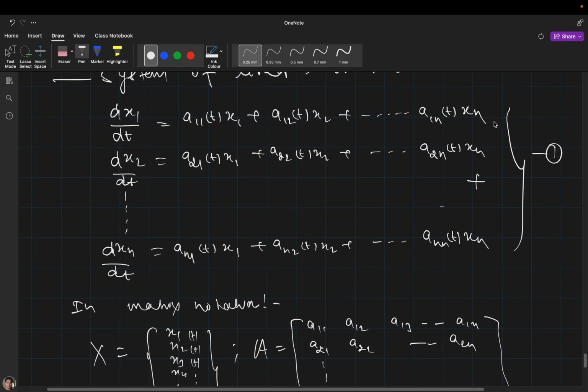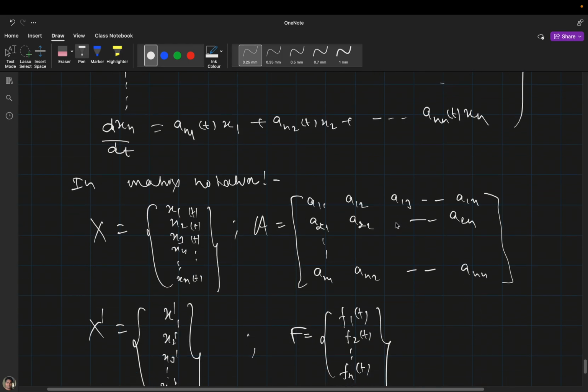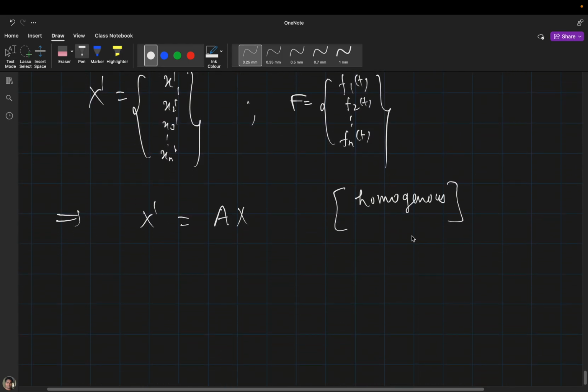If there is one more term which is independent of x1, x2, x3, say f1(t), f2(t), then that kind of differential equation is called a non-homogeneous system of first order differential equations. But we will solve the homogeneous part first.